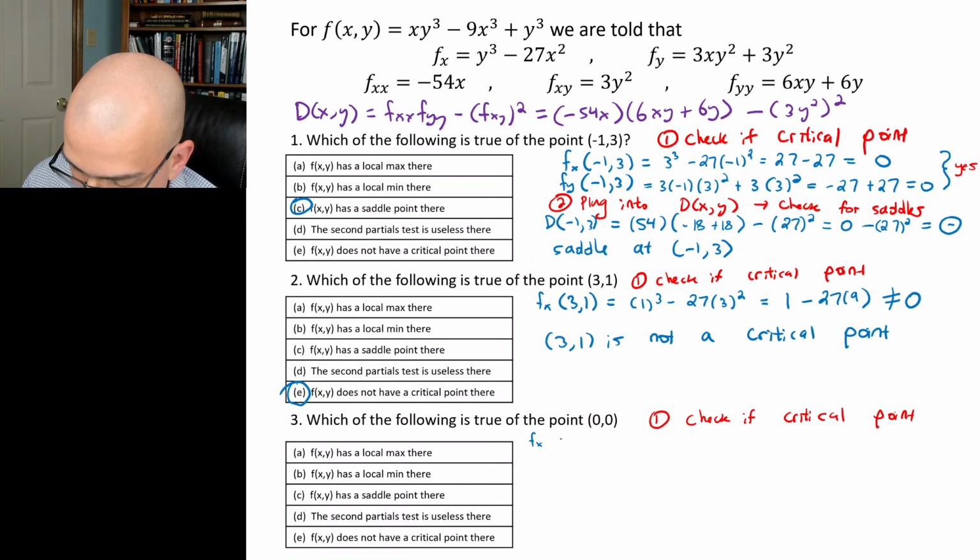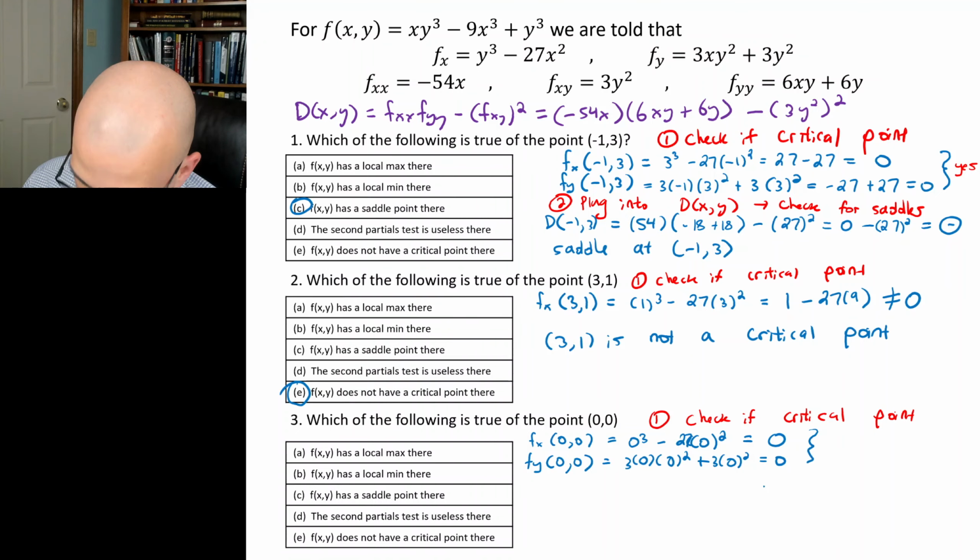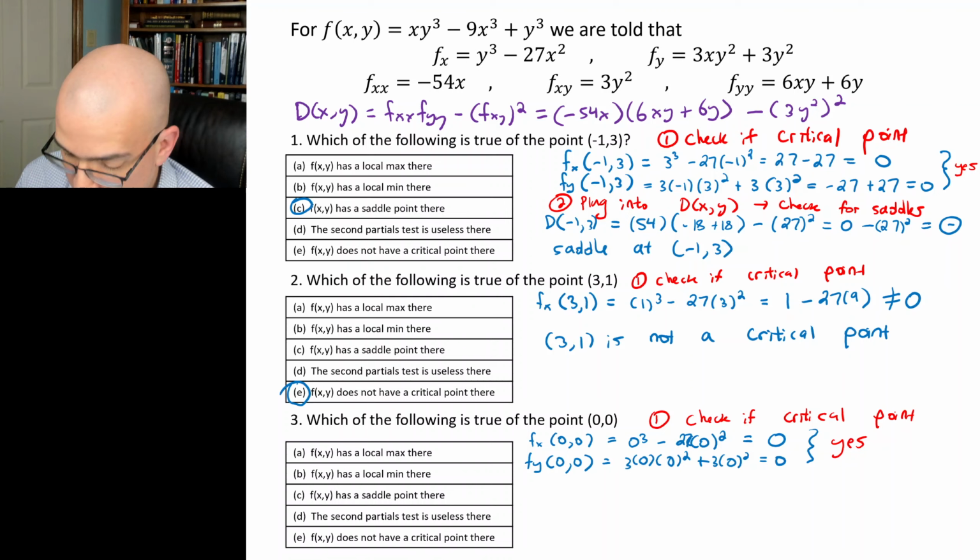F sub x at 0, 0 is 0 cubed minus 27 times 0 squared, which is 0. So far, so good. F sub y at 0, 0 is 3 times 0 squared plus 3 times 0 squared, which is 0. So it's a yes on that. Yes, it's critical. It's a critical point, so it could be a max or it could be a min.